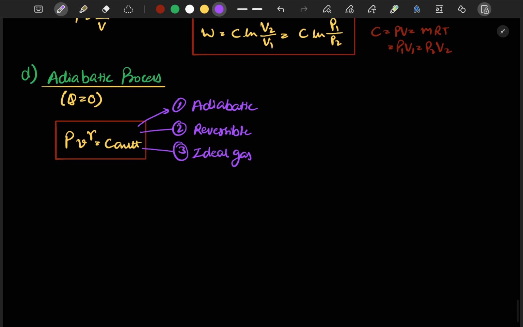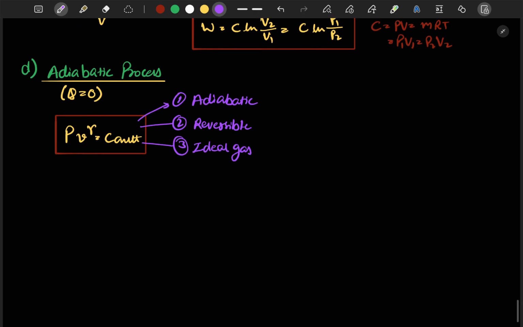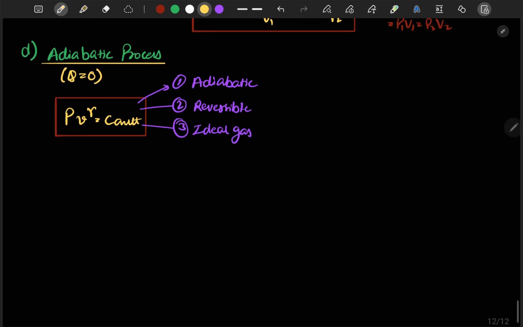Now we will calculate the value of work for adiabatic process. Since it is a closed system, we will write work done is equal to integral of p dv.